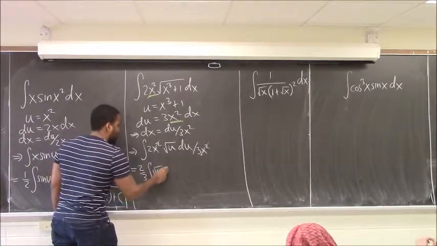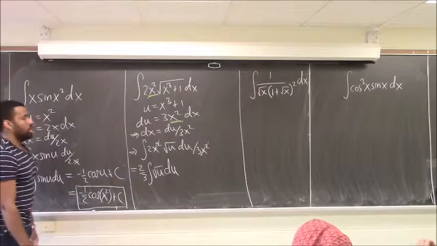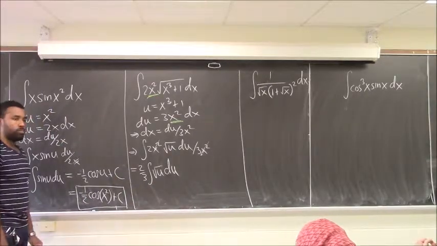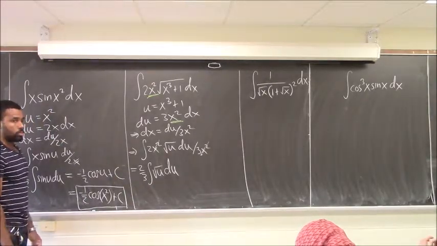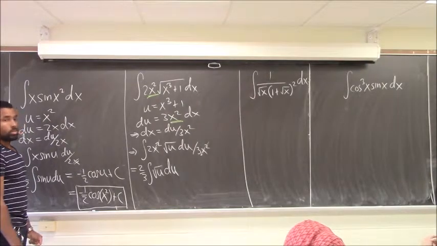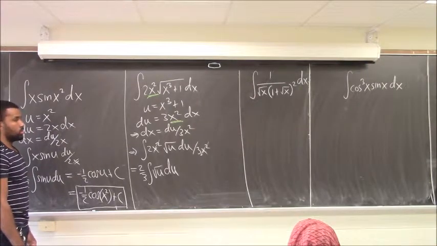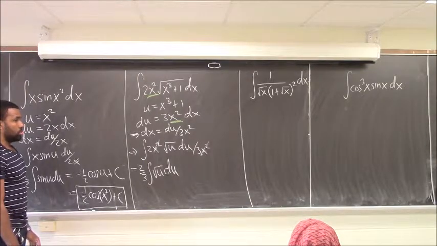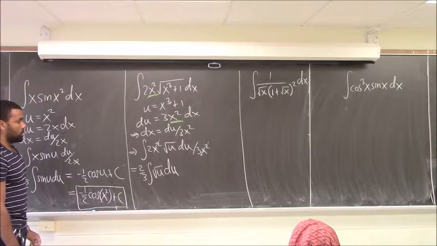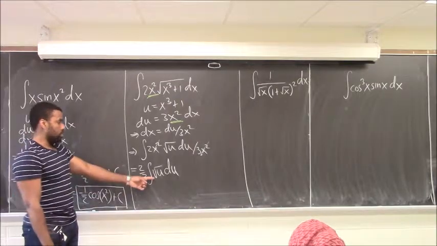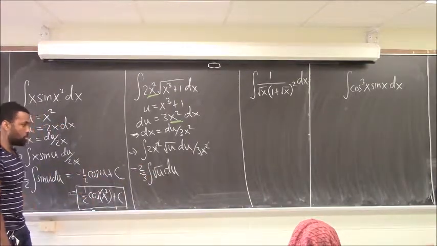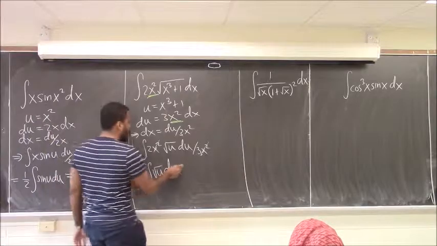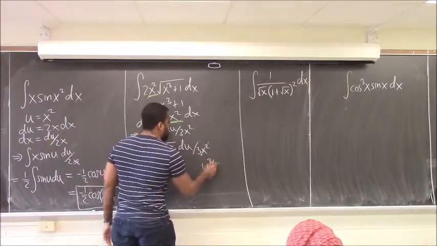We have radical u, du. How do you integrate that? Yeah? Leave 3/2 u. Or u to the 3/2. Right, this says u to the 1/2, do the power rule. Add 1 to the power, you would get u to the 3/2.